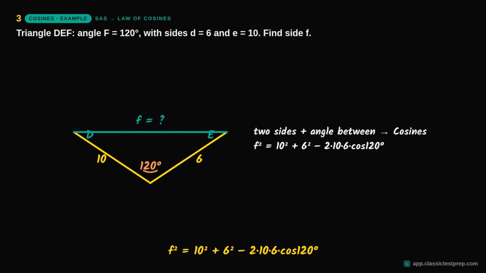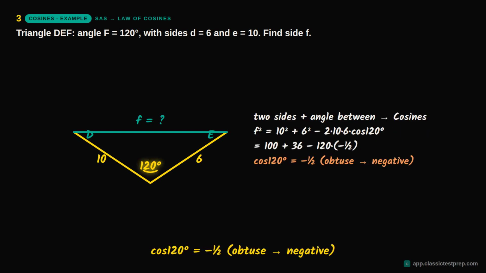We're just plugging in the numbers. So let's write this out. F squared is 10 squared plus 6 squared minus 2 times 10 times 6 times the cosine of 120 degrees. That's 100 plus 36 minus 2 times 10 times 6, which is 120, times negative 0.5.